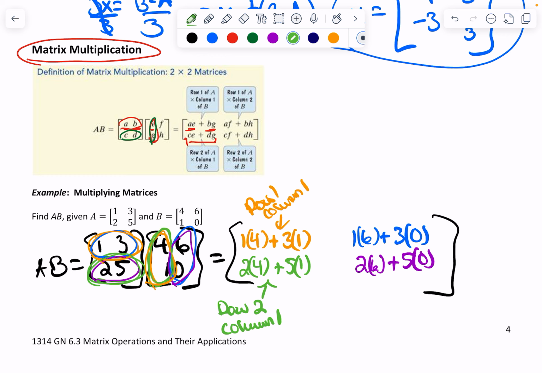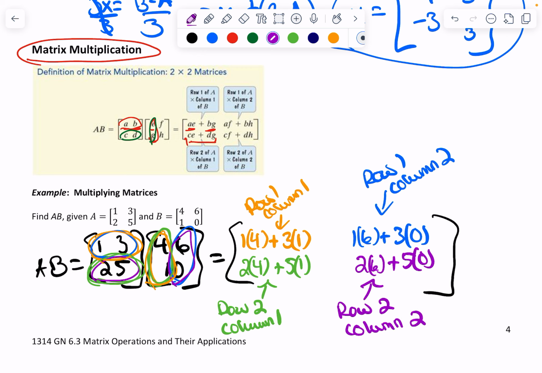Row 2 from the first one and column 1 from the second one. This one here is row 1, column 2. So that's why we took row 1 and column 2. This one, the fourth one, is row 2, column 2. So we took from the first one the row 2, and from the second one, column 2.